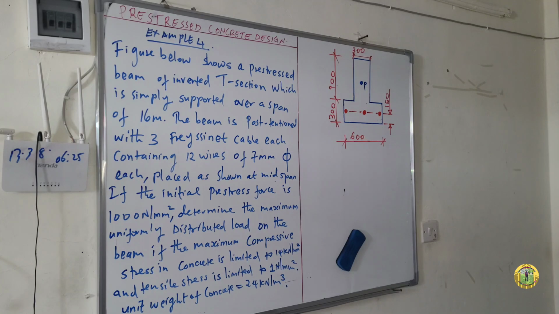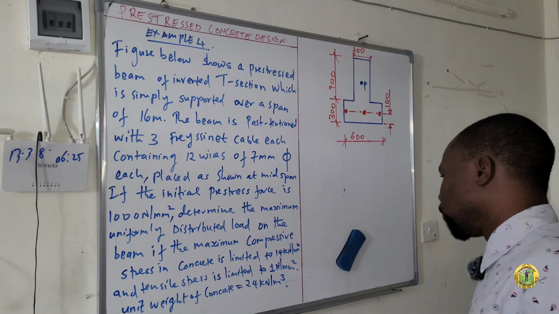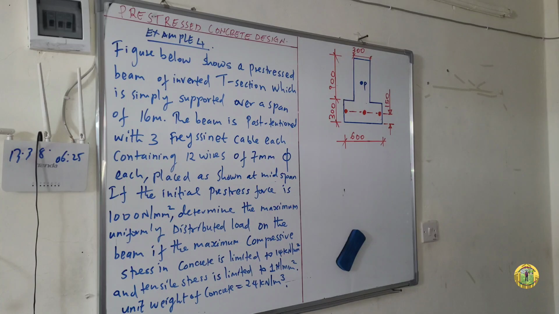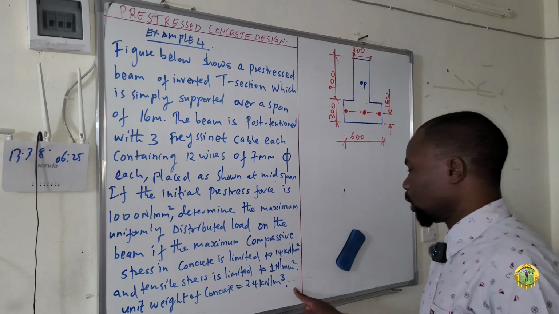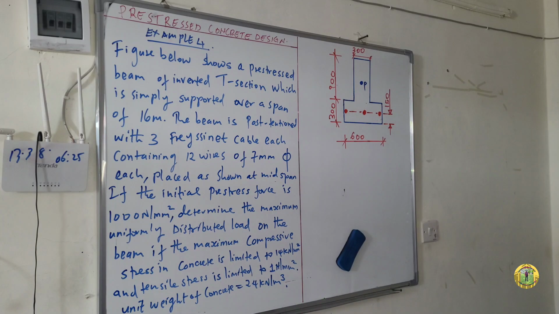If the initial prestress force is 1,000 Newton per millimeter square, determine the maximum uniformly distributed load on the beam if the maximum compressive stress in concrete is limited to 14 Newton per millimeter square and the tensile stress is limited to 1 Newton per millimeter square. Take the unit weight of concrete to be 24 kilonewton per meter cubed.